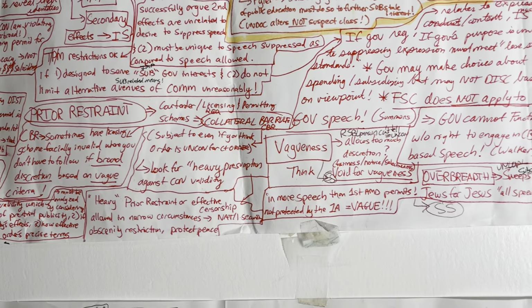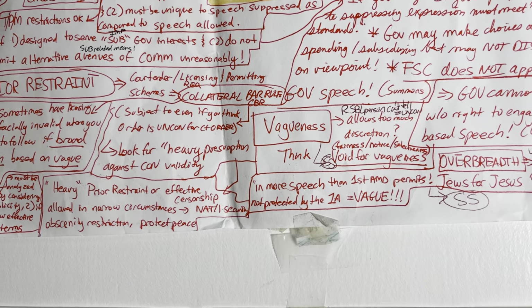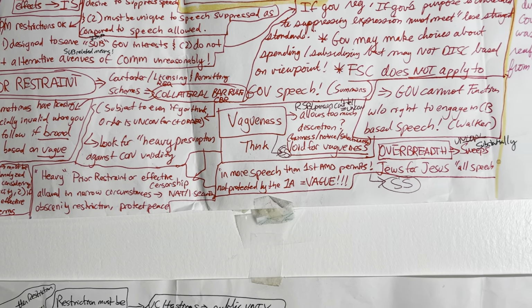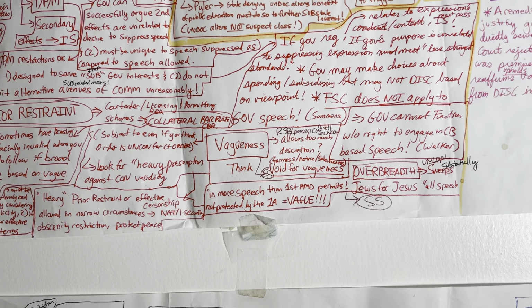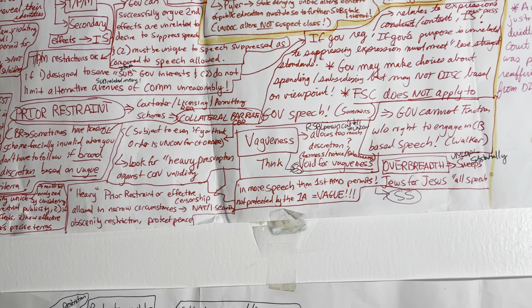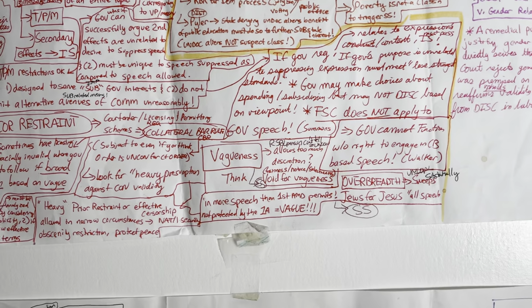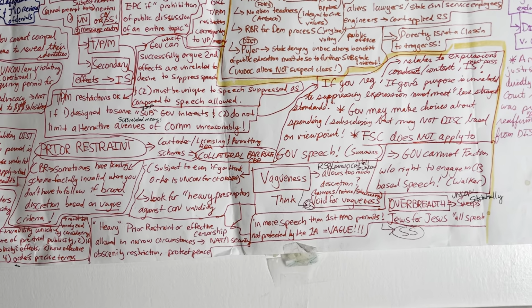Underbreadth, overbreadth. Remember that overbreadth is unconstitutional if it substantially sweeps in more speech than the First Amendment permits. So there was that Jews for Jesus case in which all speech was not protected by the First Amendment. It was too vague. That got strict scrutiny, so look for overbreadth as part of your analysis. Look for vagueness.